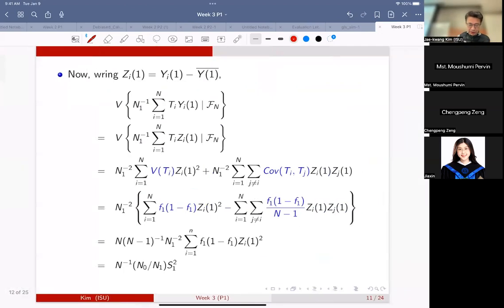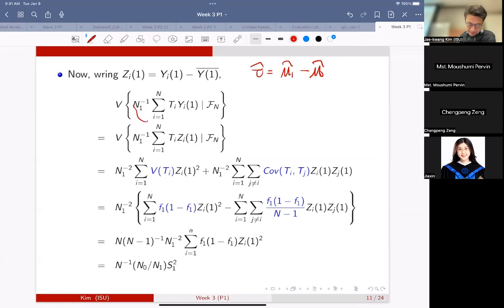Okay, so let's take a look. Remember tau hat is mu1 hat minus mu0 hat. The first part is the sample mean of Y in the T equal 1 group. Mu hat 0 is the sample mean in the T equal 0 group, right?